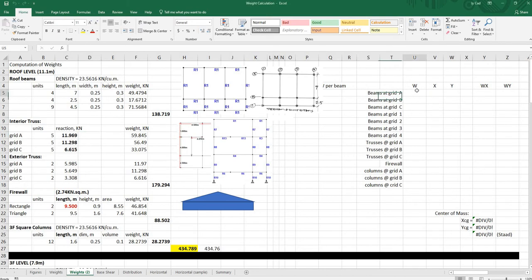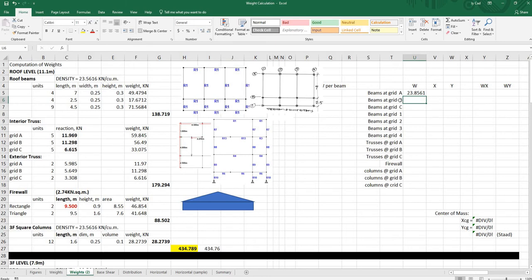Okay, so the weight is 0.25 times 0.3 times the length na 13.5. So we have the volume, and then multiply that by 23.5616, the unit weight, para meron kang kilonewton.